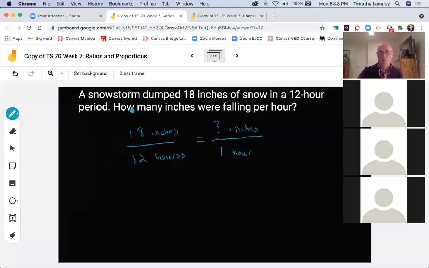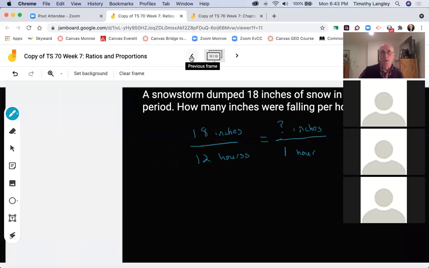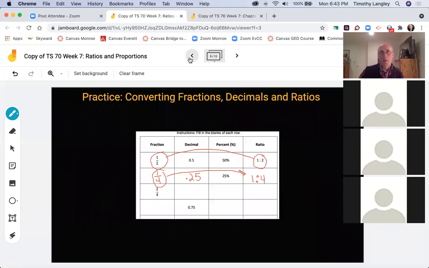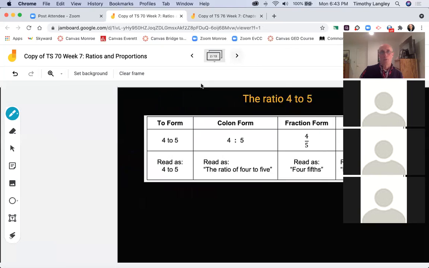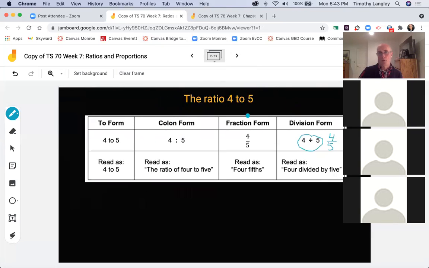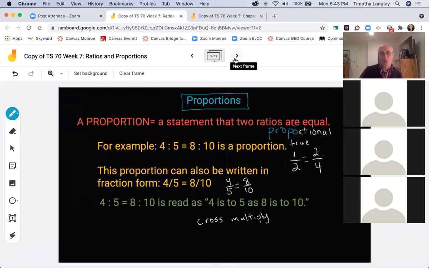Just to summarize real fast, what we've learned tonight here. I taught you 2 main concepts. Ratios is a comparison of 2 numbers. By now we've got that. It's expressed with colons or fractions or spelled out. And just like the word itself, it's 2 numbers. We looked through several examples of what ratios are.